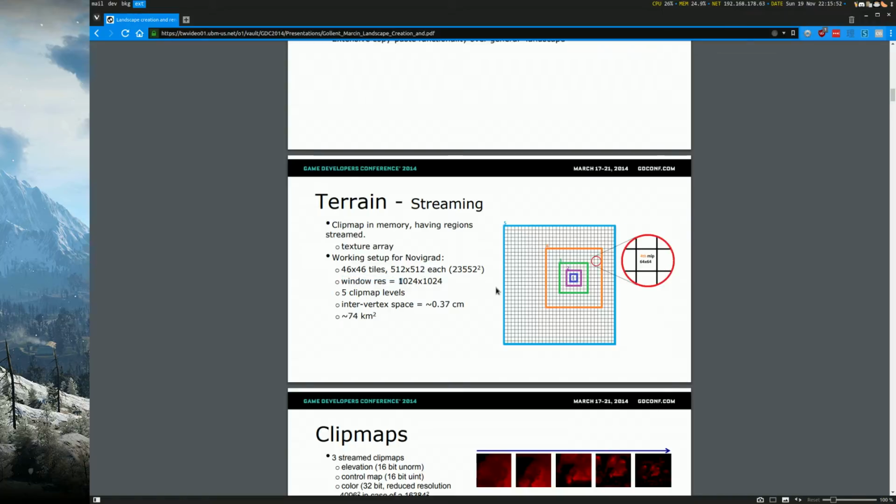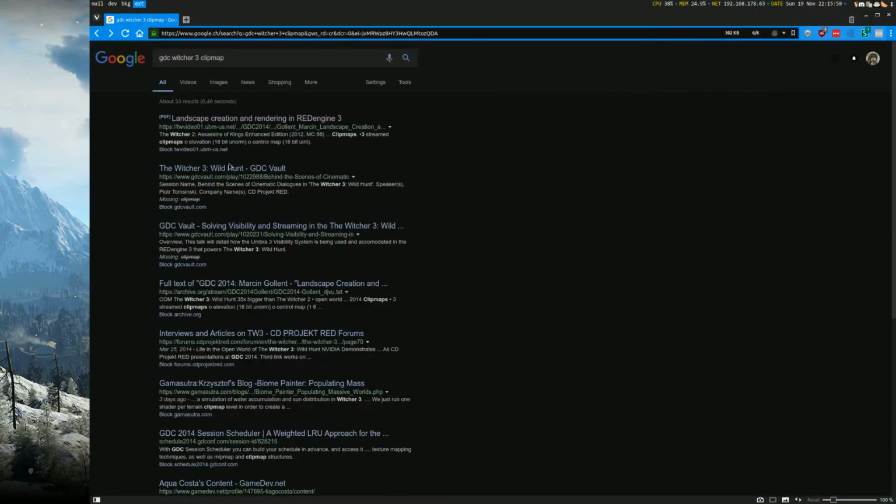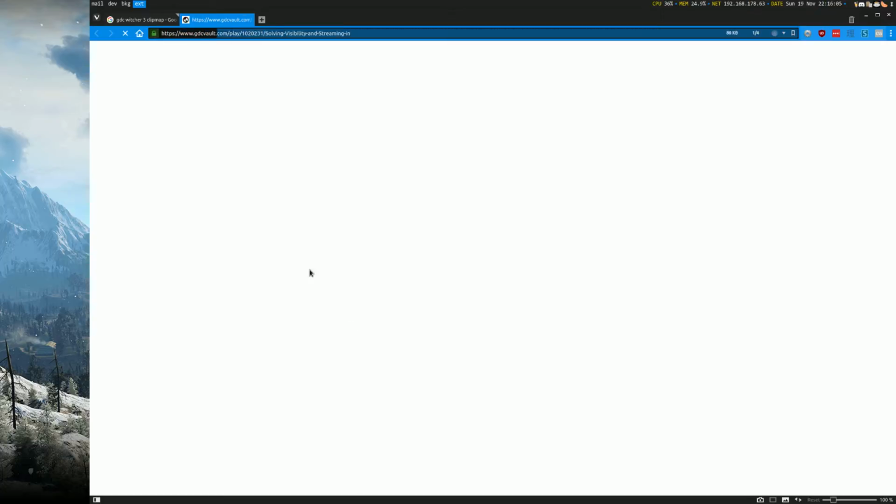And what does this mean, window res? I listened to the talk, but I don't remember it being anything useful.